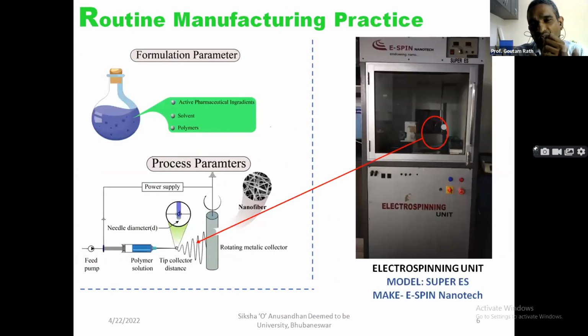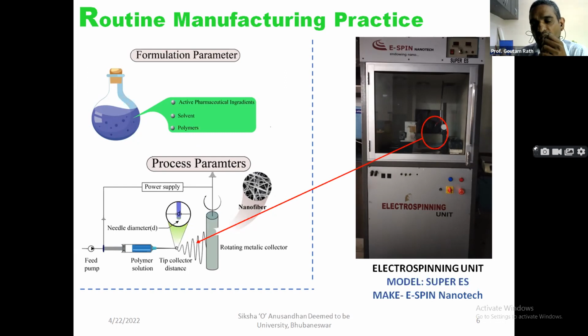This is just a set of electrospinning setups. The nanofiber can be prepared by a number of techniques, but electrospinning is most commonly adopted to prepare the nanofibers. And this works on a principle of only two things: the conductivity of the material and the surface tension of the polymer substance.